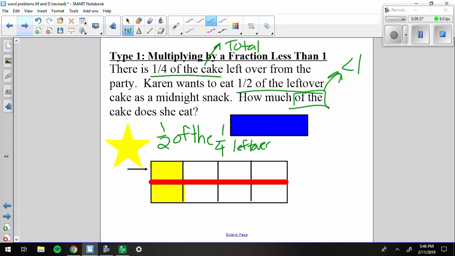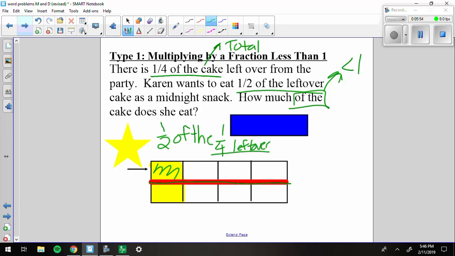Let's look at our picture down here. So I have my leftover cake. The yellow part is my 1/4 leftover, and I drew this red, and now green, line showing that she's going to eat 1/2. So she's going to eat that part. Now what part of the entire cake does she eat? Because remember, we're looking for a part. We have the total. What part of the cake does she eat?